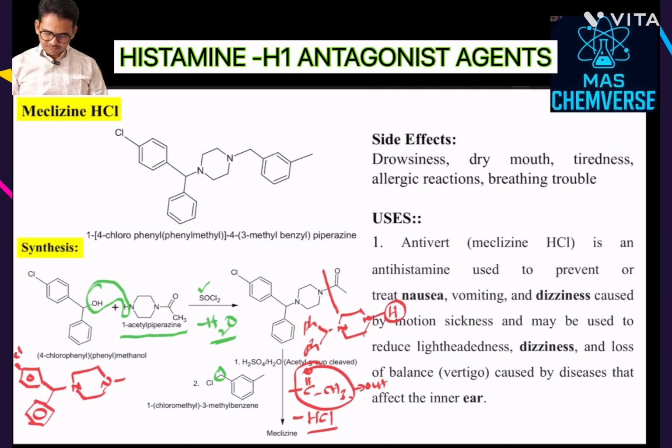Now see here what it is going to be attached to. This methyl group, that CH2, is going to be attached to what? Phenyl ring, like this. That phenyl ring, along with that, will have another methyl group. This is the structure of meclazine.